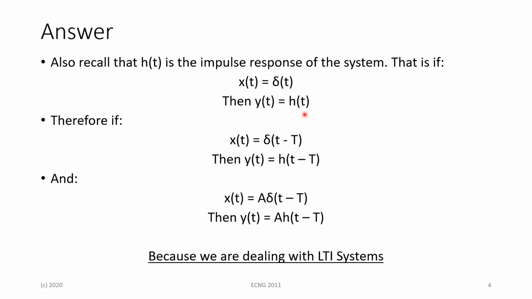So the convolution of an impulse with any other signal in continuous time will just result in that original signal that was there to begin with. So it will be h of t only.